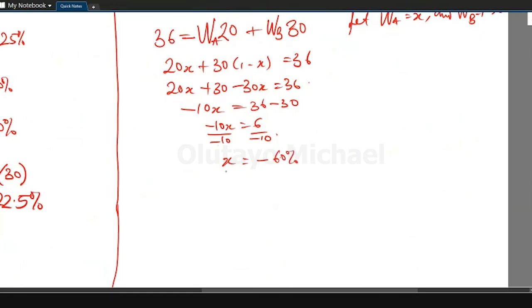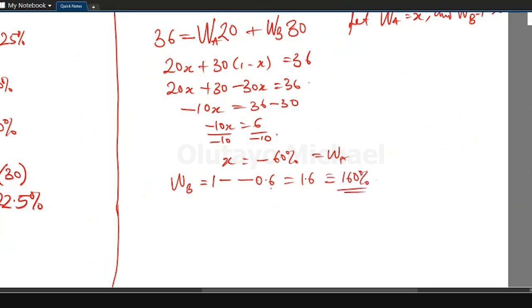So we have X to be minus 60%. That is the weight of A, which means the weight of B will be 1 minus (minus 0.6), which is 1 plus 0.6, giving 1.6, equivalent to 160%.